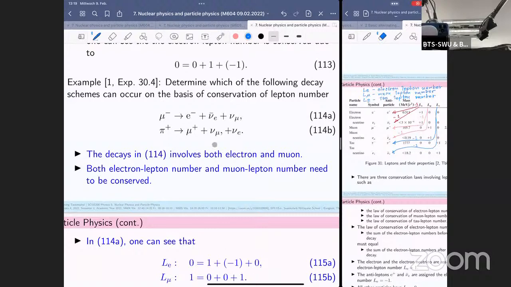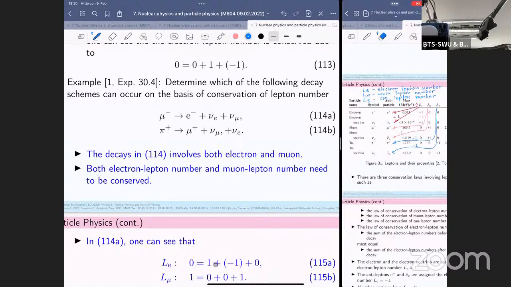You don't have to observe this equation in terms of tau lepton number, because there is no tau at all in this equation. You just need to consider only the electron lepton number and the muon lepton number. Apart from this, we don't need to consider anything.